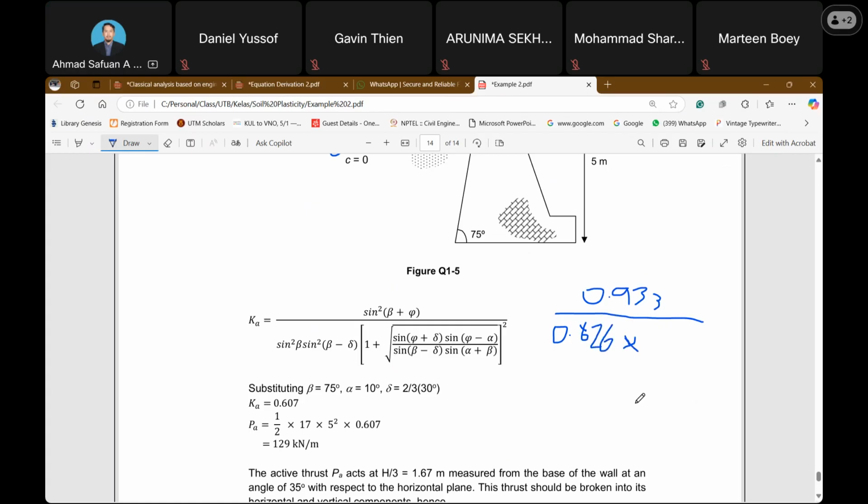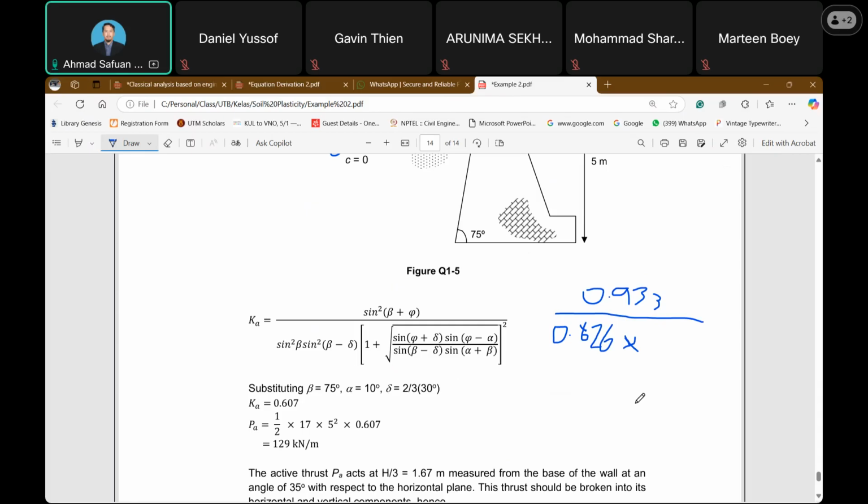Sin 30 plus 20, 50. Sin 50. Sin 30 minus 10, 20, over sin 75 minus 20.